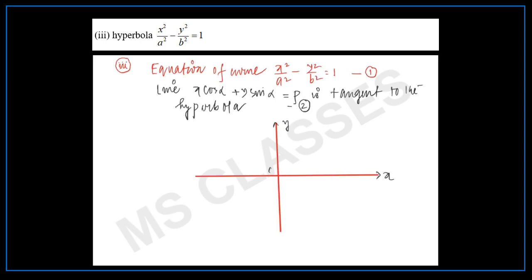Now this is x, origin, x prime, y prime. Similarly, the other points. Now, the line be this one, which is tangent. Now, if this is the line, this is the point P x1, y1.